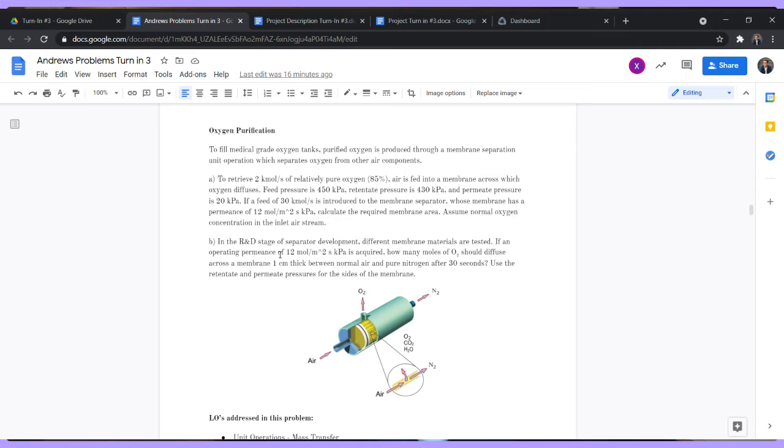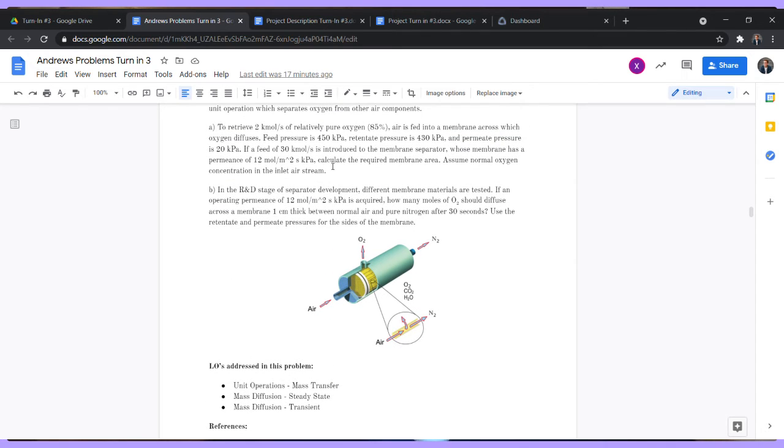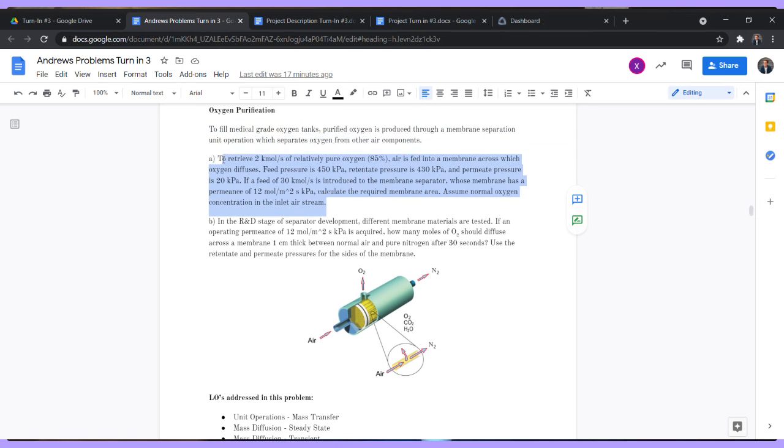For my next problem, oxygen was purified for medical grade oxygen tanks. The first part of this problem asks for a solution to the steady state mass transfer within this unit op.